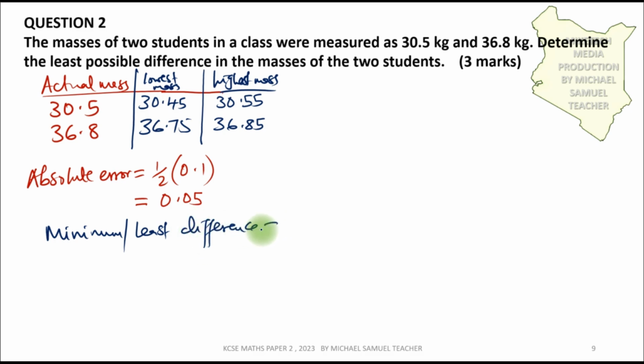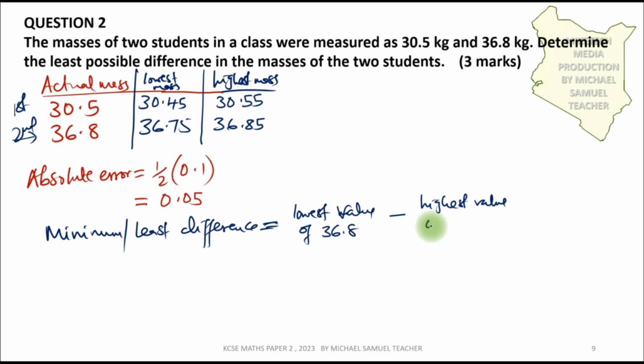in this case you need just to be very careful. To get the least difference, here we have two values, the first and the second. For the minimum or least difference, we need to get the lowest value of 36.8, minus the highest value of 30.5.